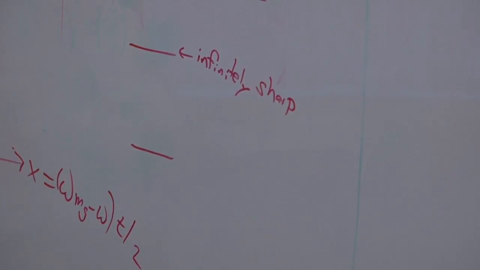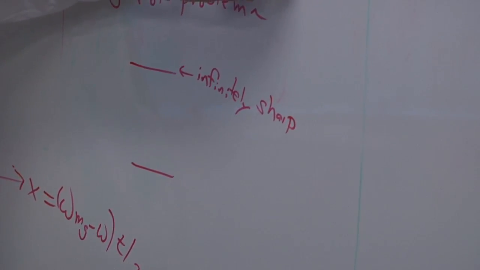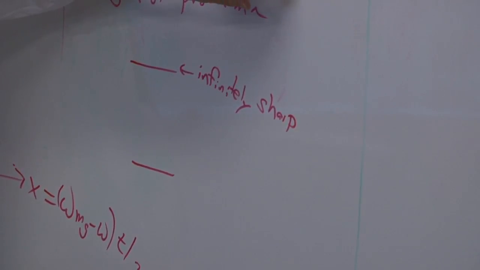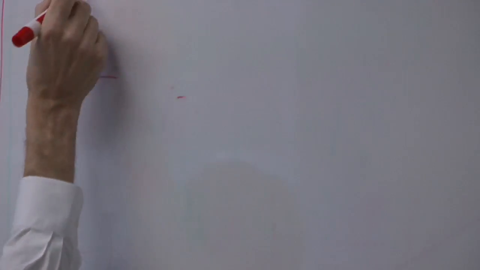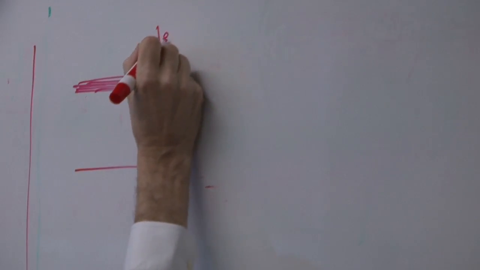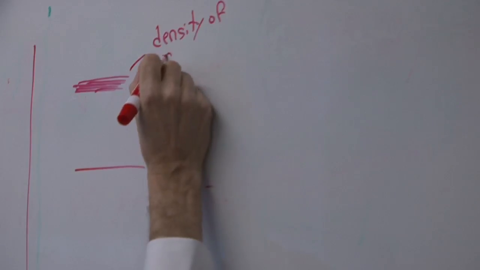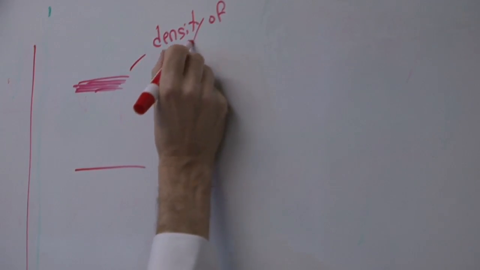Of course, if this were not infinitely sharp, then you would never have an exact 0 in the denominator. So Fermi says, let's assume that this upper level is spread out into what he called the density of final states.